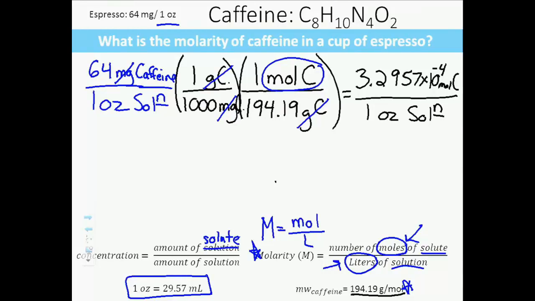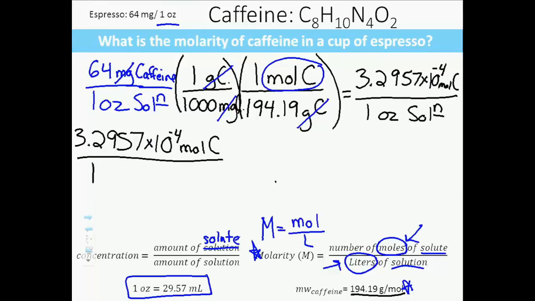Let's come back down to this next line. So I'm going to rewrite what we just have up above. So we have the top part of our equation good, but we don't have the bottom part working out yet. We have it in ounces. So in order to get rid of our ounces, we need to convert it to liters.